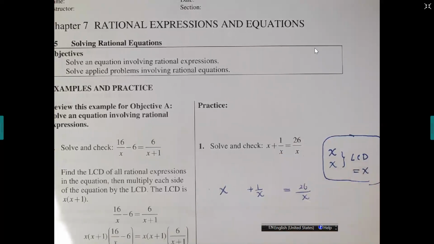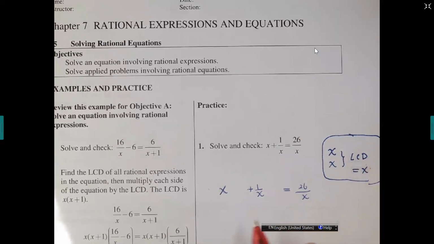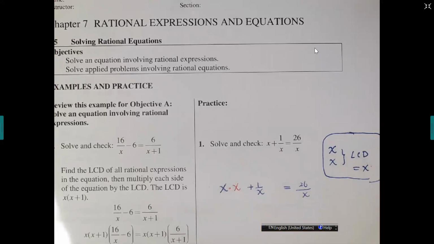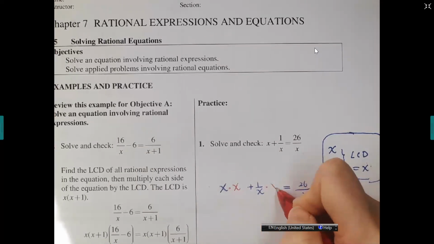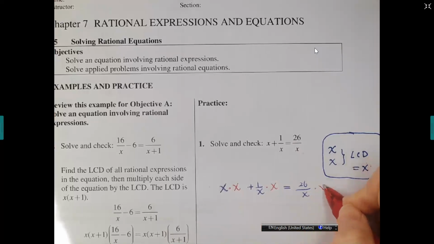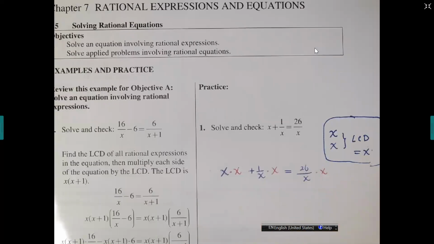So we rewrite the equation. Then what do we do? We multiply by the LCD, which is x. When I split the terms, everyone is multiplied by the LCD. The first one times x, the second term also times x, the third term on the right also times x. So multiply every term by the LCD.